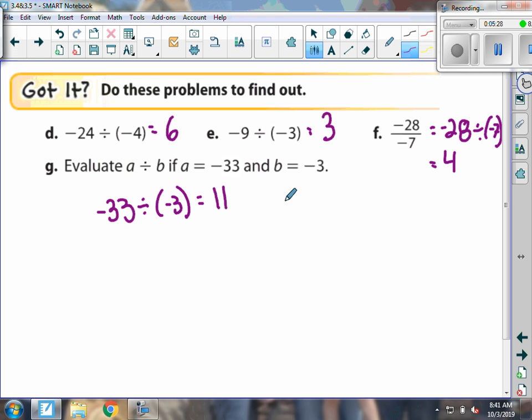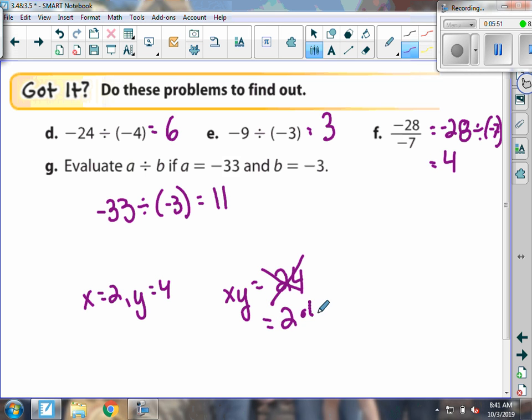I want to go over something really quick. Let's say I have x is equal to 2 and y is equal to 4. If they gave us xy, we need to find out what this is, not 24. This is equal to 2 times 4.